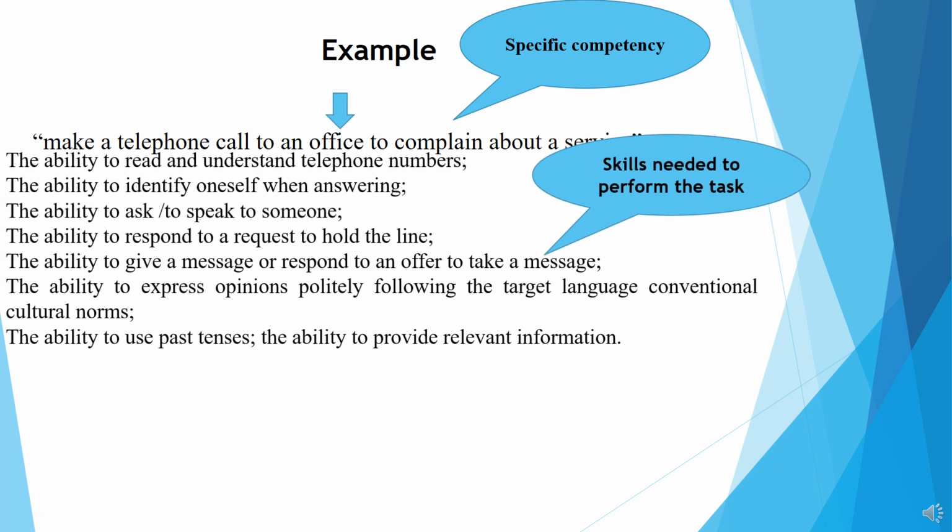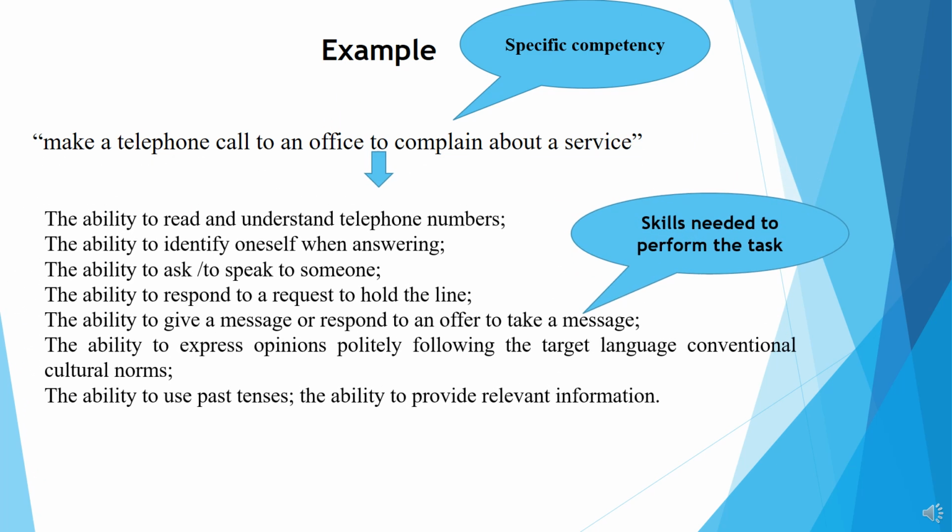And here you have the skills needed to perform the task, the range of abilities that your students should develop in the classroom when performing the task in order to attain that specific competency that you have stated here: make a telephone call and complain about a service.